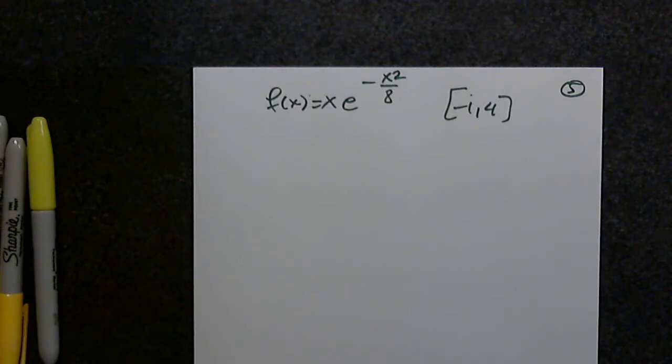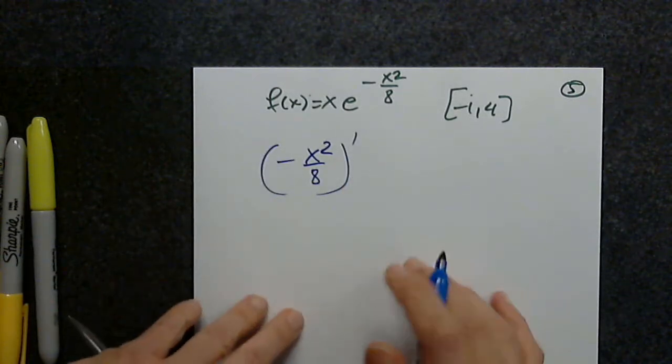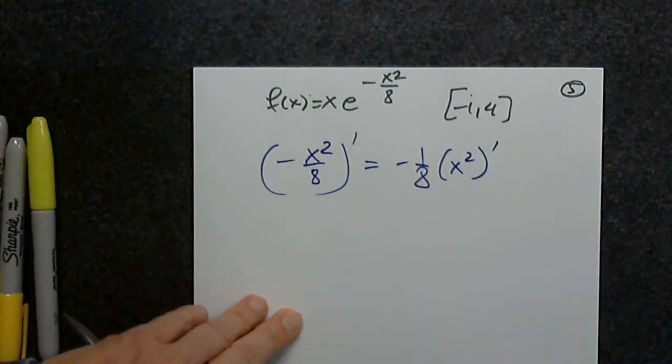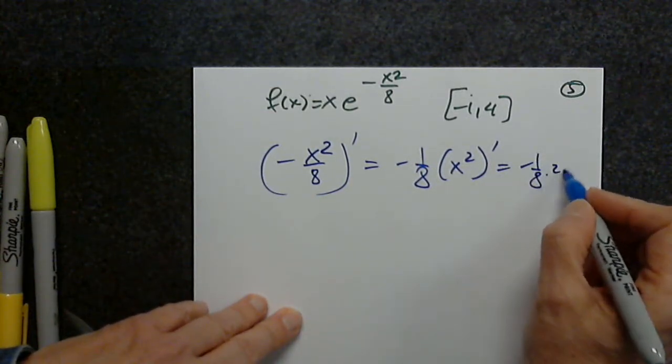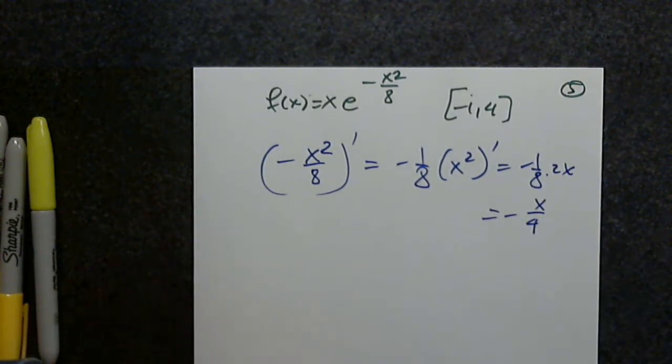Is that clear why? So when I differentiate this piece, it is the same as differentiating this piece. This is negative 1 over 8 times 2x, which becomes negative x over 4. So the denominator does not go away.